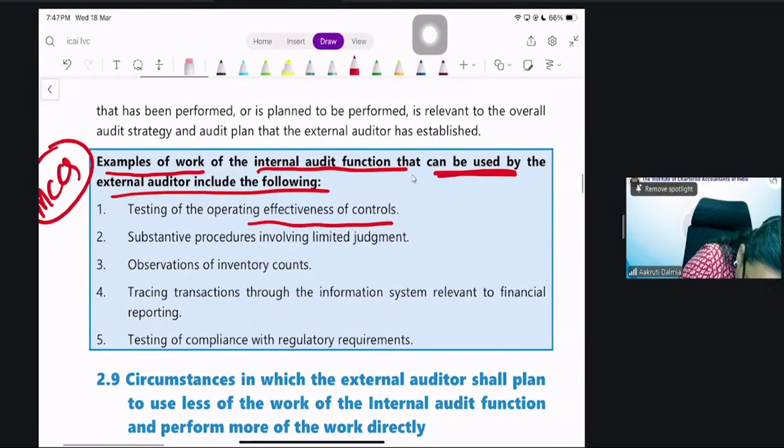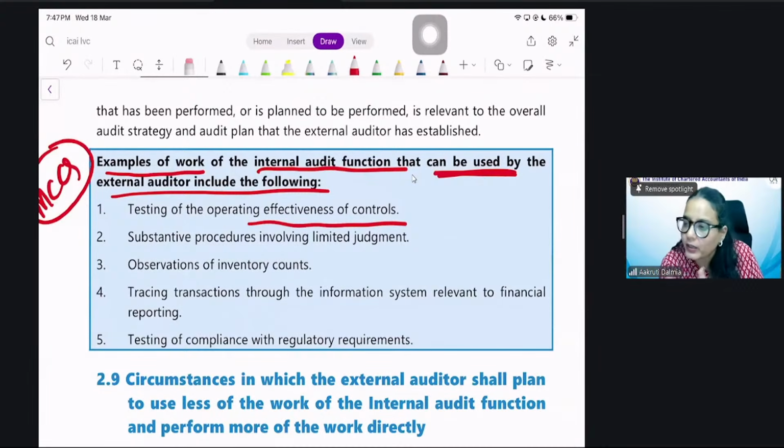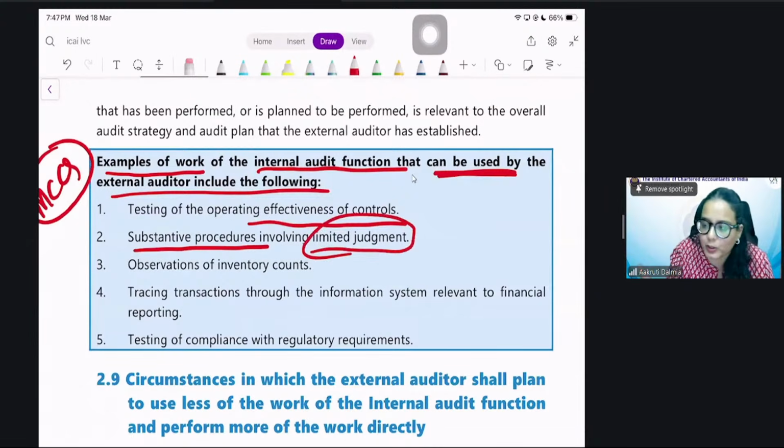When you're testing internal controls, to understand whether they are reliable or not, you can use the internal auditor's work. You can use it in substantive procedures in which you don't have to apply much judgment. You can use it for inventory count observation, which means you can attend only one inventory count, but they might have attended 5-10 inventory counts, right? The internal auditor. So you can study their report to understand what kind of things they saw in the inventory count.